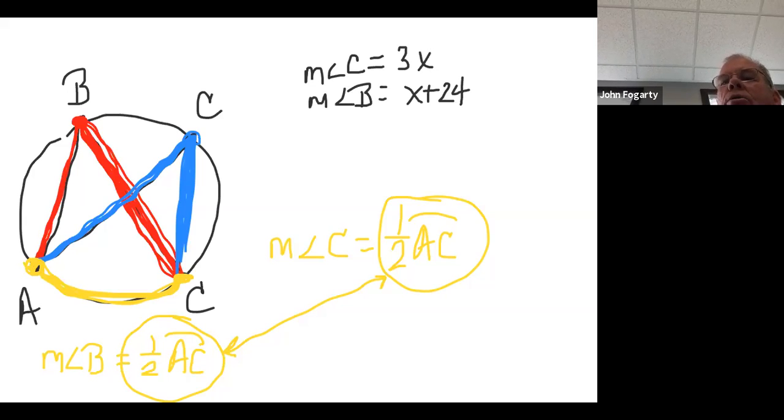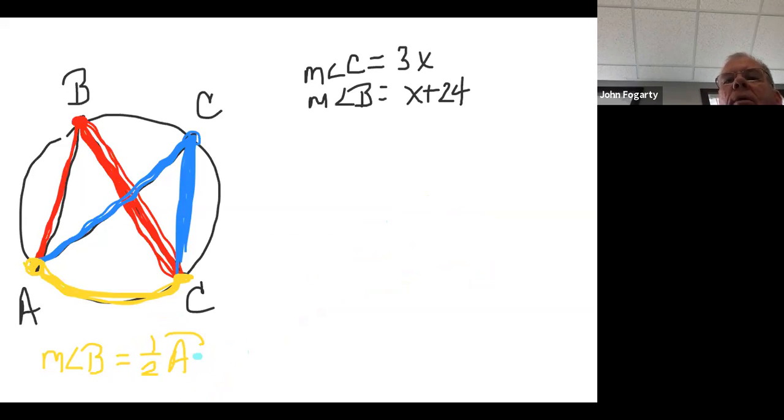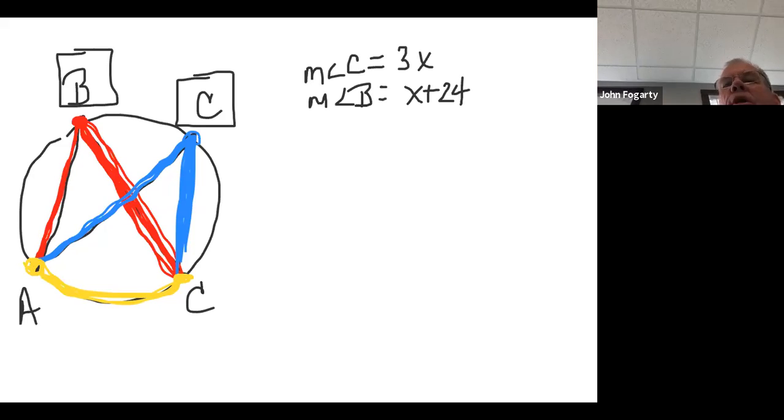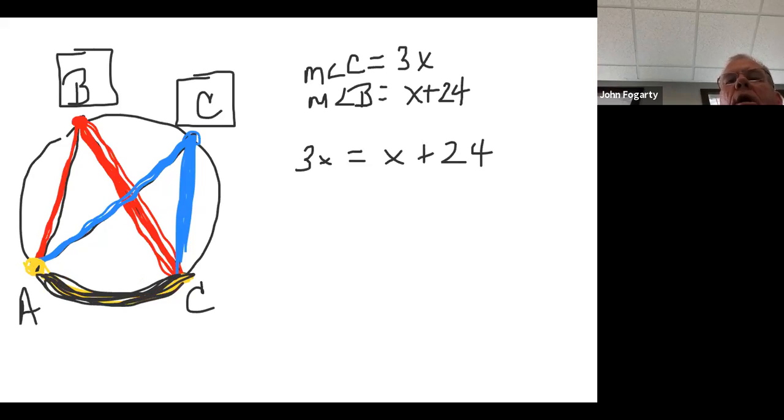Well, if I told you that, fellas, what would you tell me x is? Well, I give you two values using variables. All I got to do is figure out what's the relationship between B and C. And of course, we know that they are equal. And the reason we know they're equal is because they both cut the same arc.